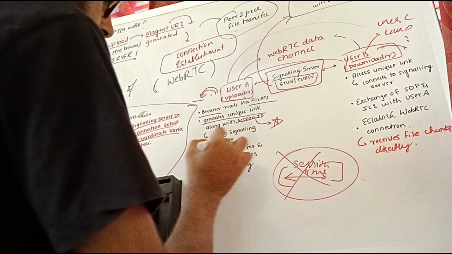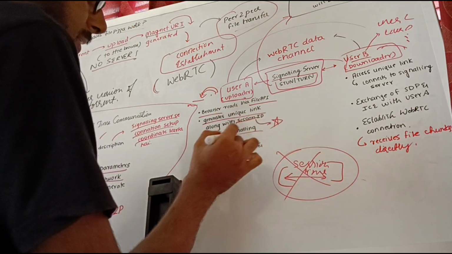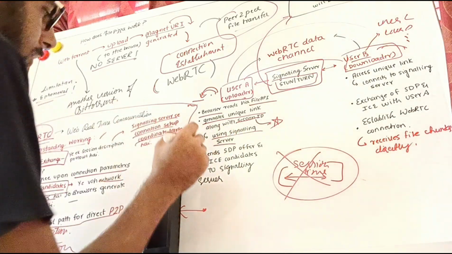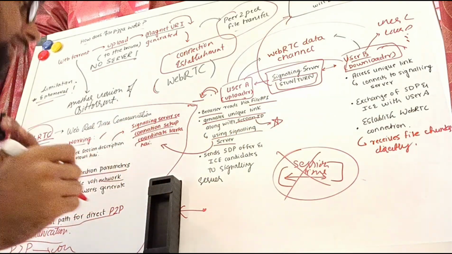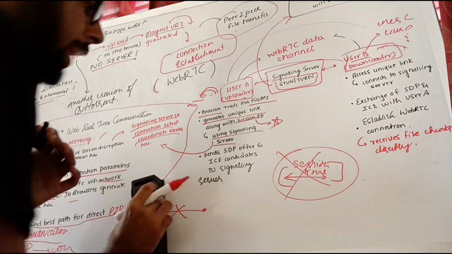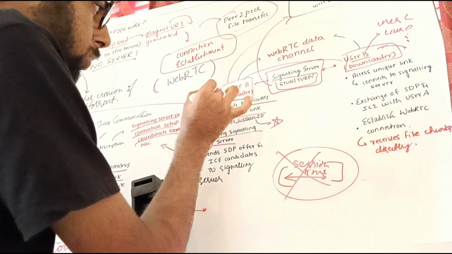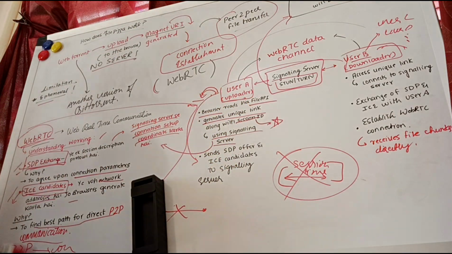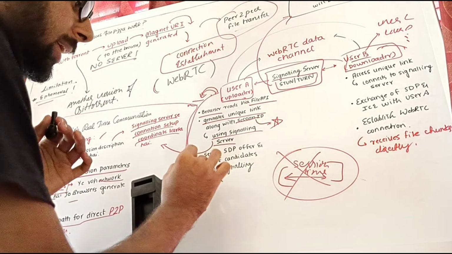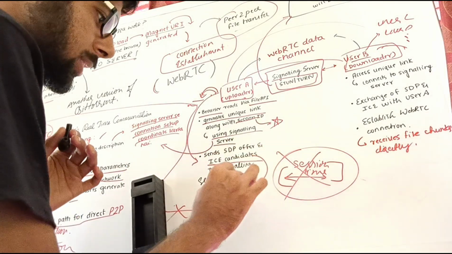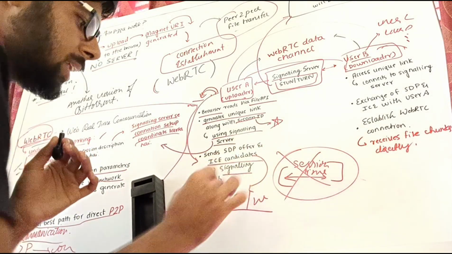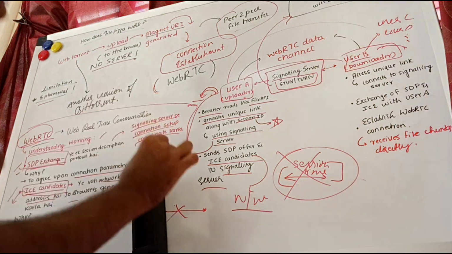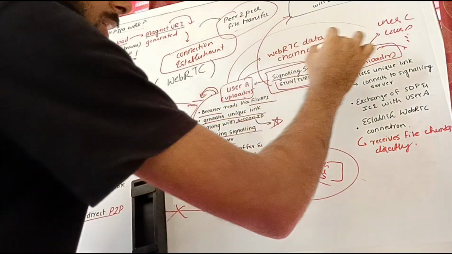This session ID is generated using the signaling server, which is used for the connection setup and coordinating everything. Now, user A sends an SDP, which I discussed here, for the exchange to happen, and offers ICE candidates, that is, the network address, to the signaling server. And this signaling server will then interact with user B.